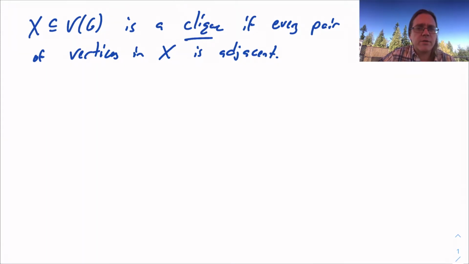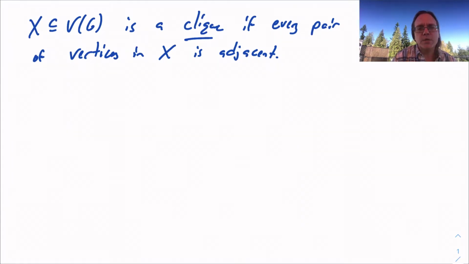And so Turan's question that he answered here is, if I give you a simple graph, say on n vertices, how many edges do you have to have before you're going to be forced to make a clique of size, say 3 or 4? And actually, this is a good thing for you to stop and take a moment to think about.